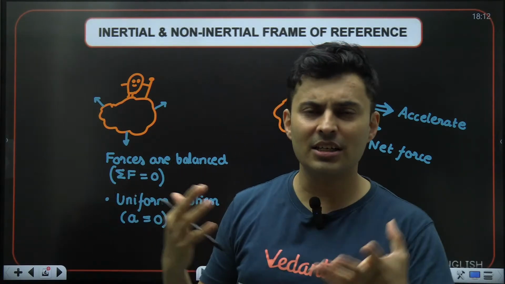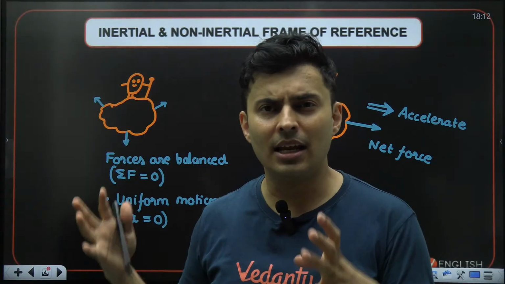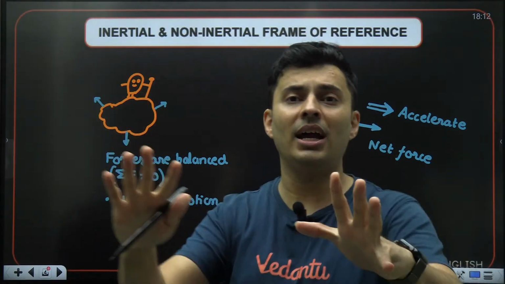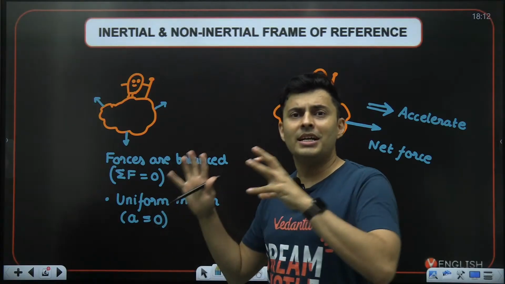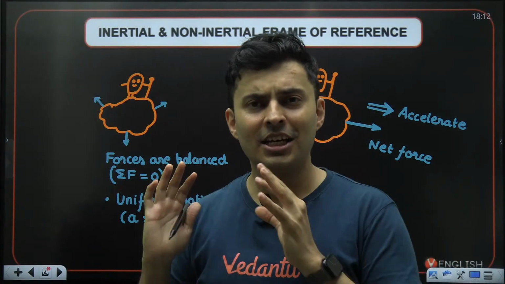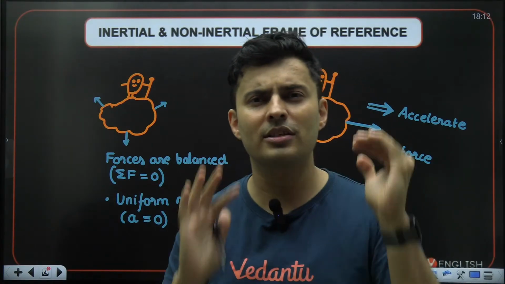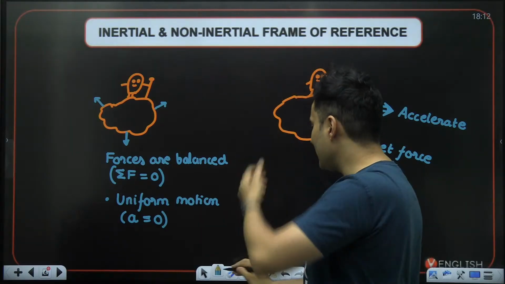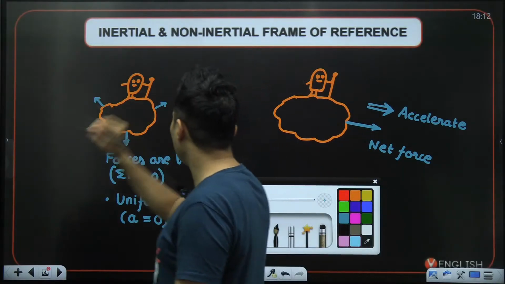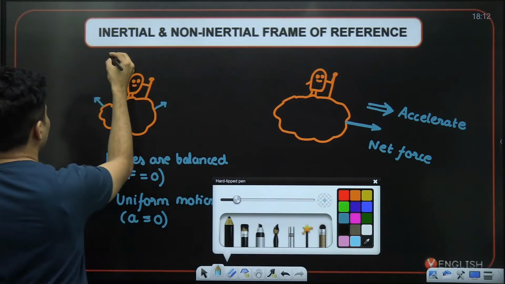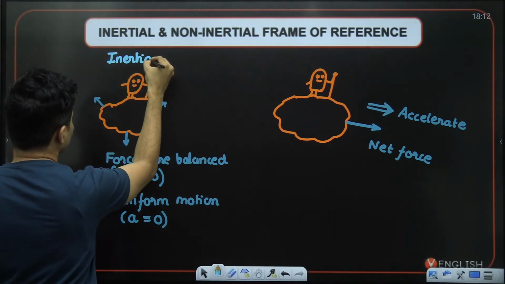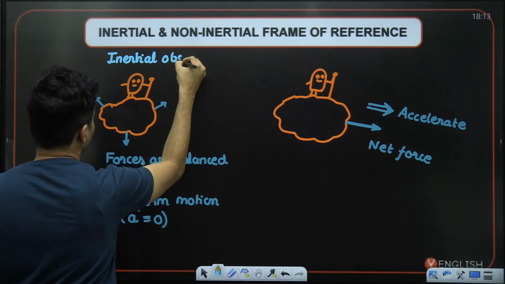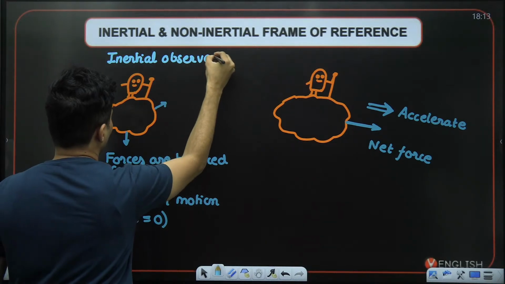It doesn't change its state until and unless it is acted upon by an unbalanced force. As long as the forces are balanced, it maintains its state. It keeps doing whatever it was doing. That is the reason why we call this Pandu an inertial observer, or inertial frame of reference.